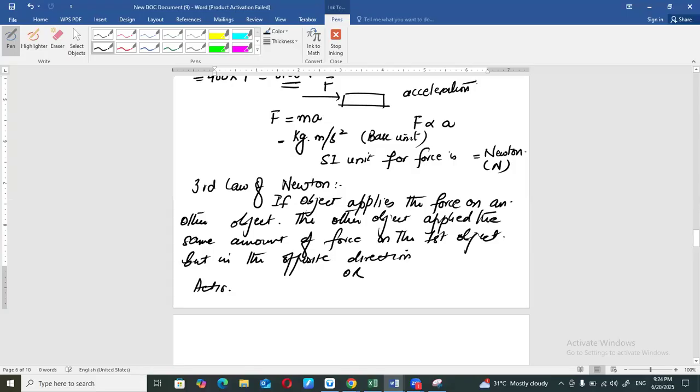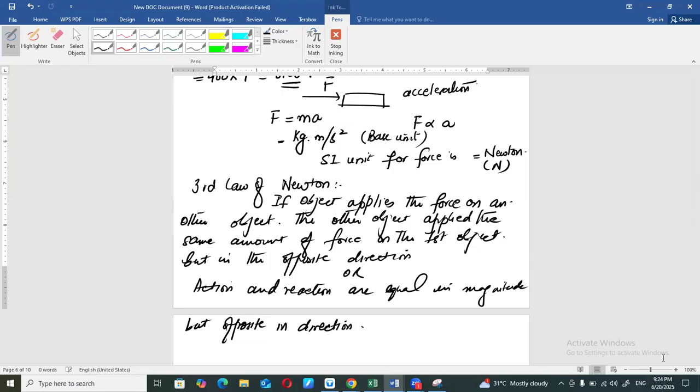Action and reaction are equal in magnitude, but opposite in direction.